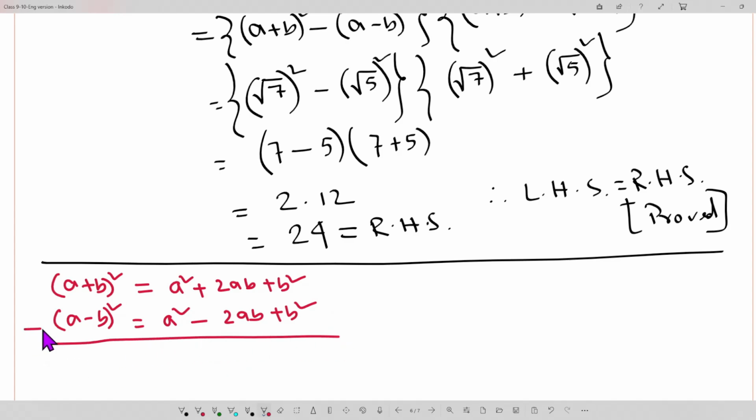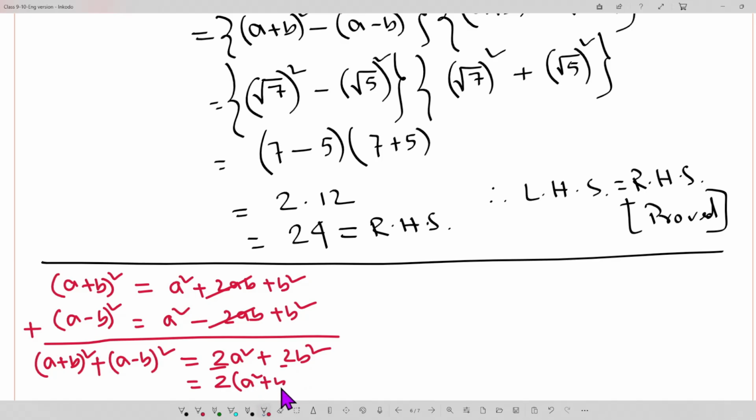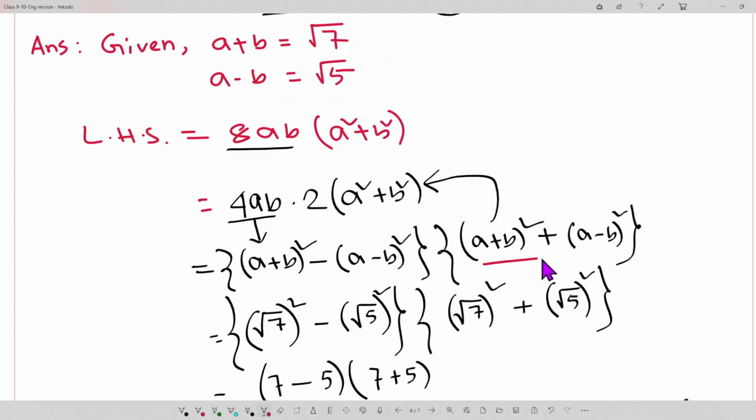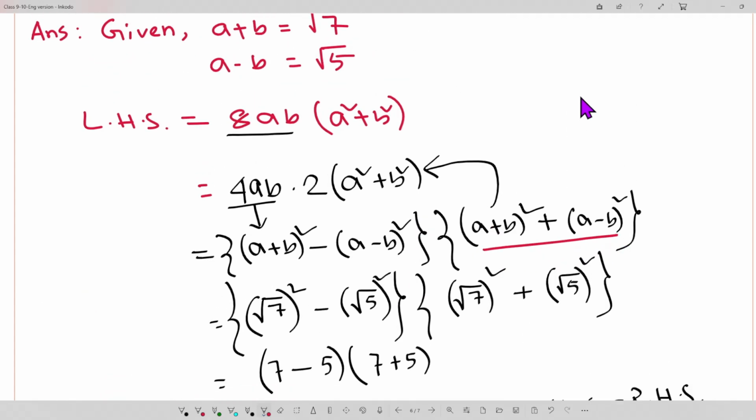If we add these, we will get (a plus b) whole square plus (a minus b) whole square equals, here plus 2ab and minus 2ab cancel out, so here is 2a square plus 2b square. Once we take 2 common, we get 2 times (a square plus b square). That's why for 2 times (a square plus b square) we are writing (a plus b) whole square plus (a minus b) whole square.